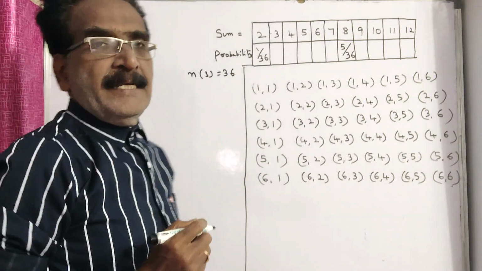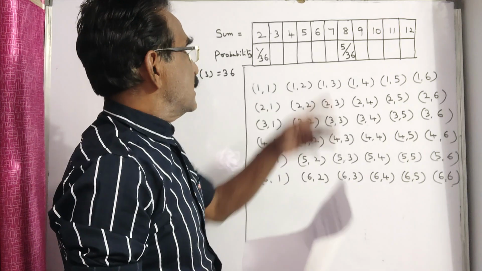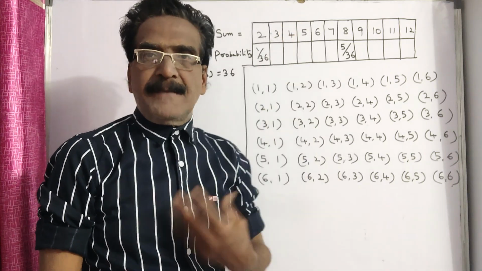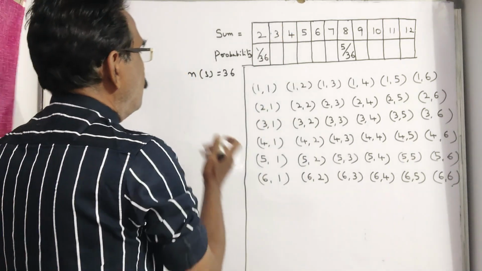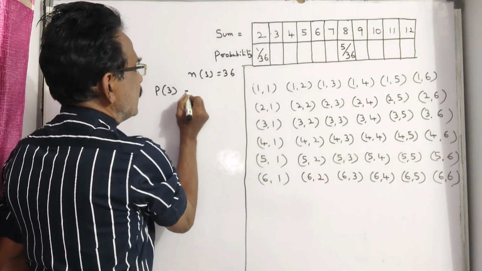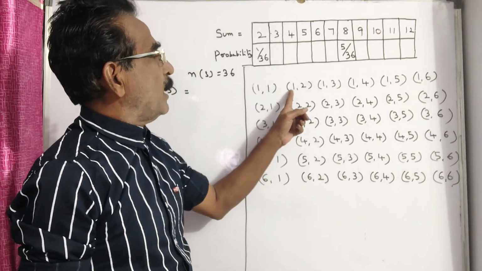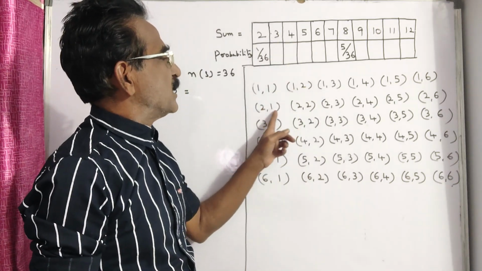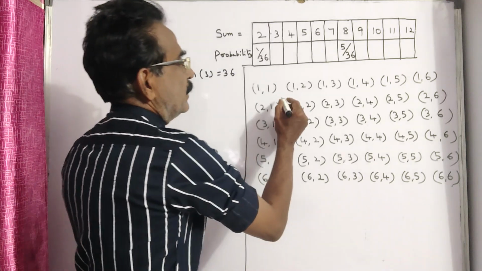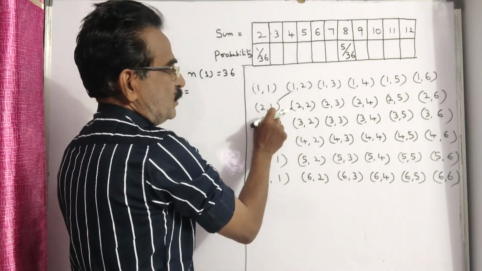Now let us calculate the probability of each event, that is, for the event sum 3. Probability of sum 3 is equal to, see, sum 3 means 1 plus 2 is 3, 2 plus 1 is 3. So you see diagonally, 1 plus 2 is 3, 2 plus 1 is 3.